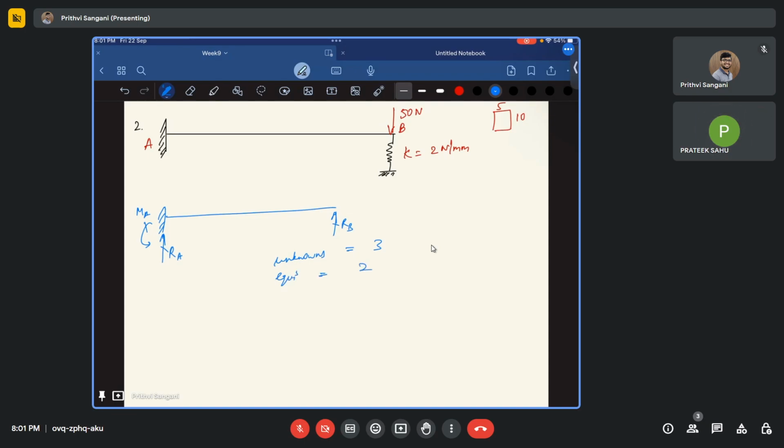Only two. Yeah, you're right. So the degree of indeterminacy is 3 minus 2, that is 1. So it is statically indeterminate with a redundancy of 1.